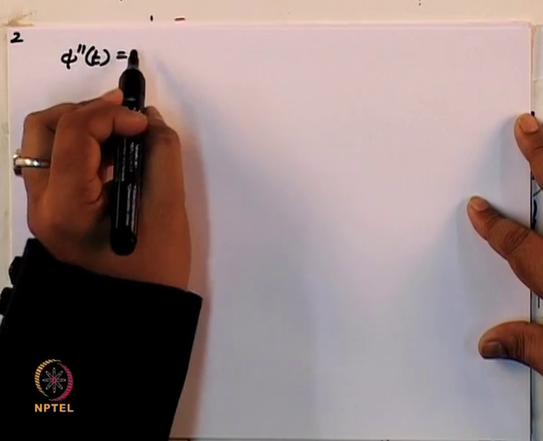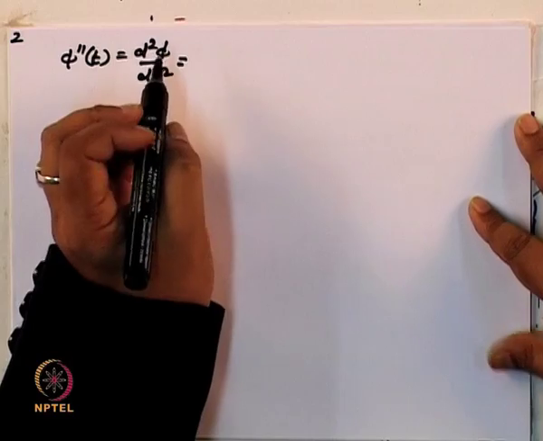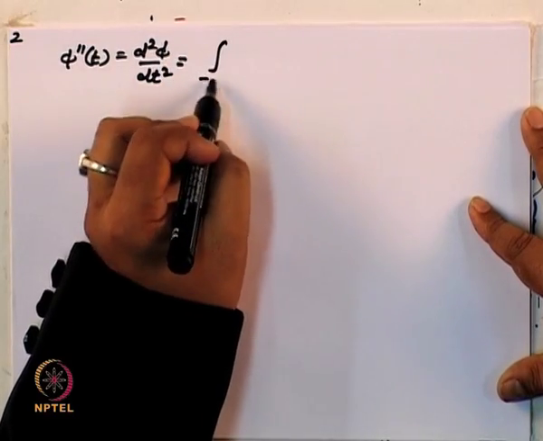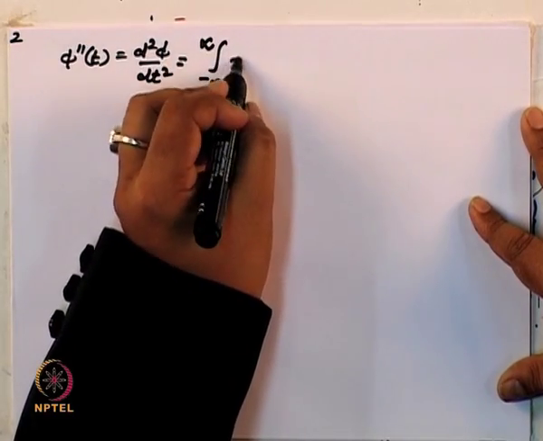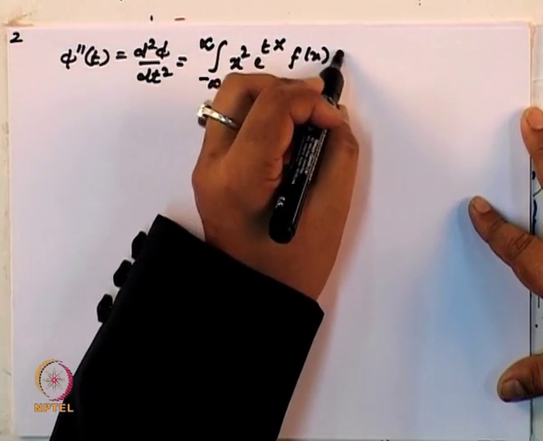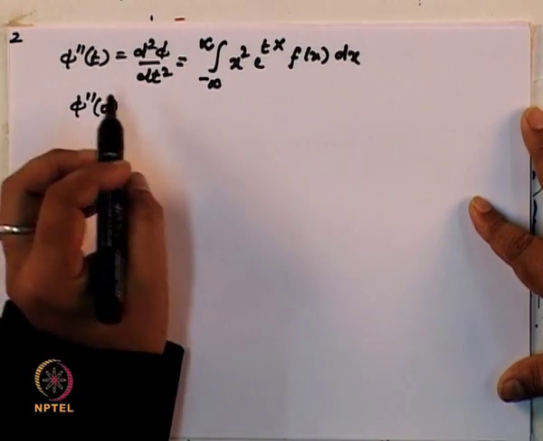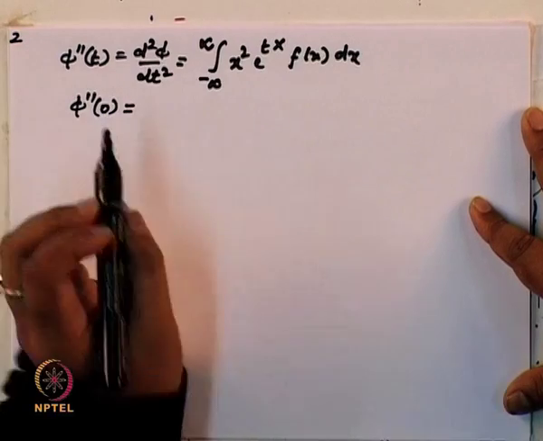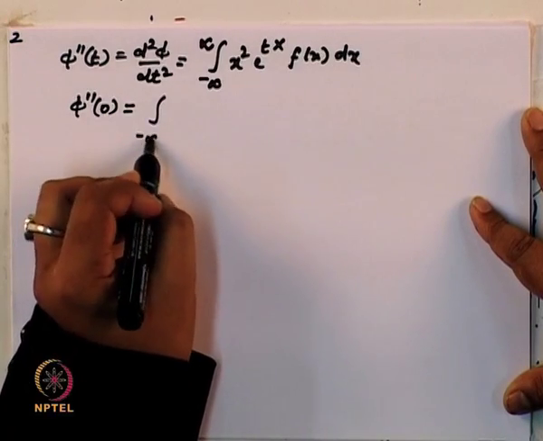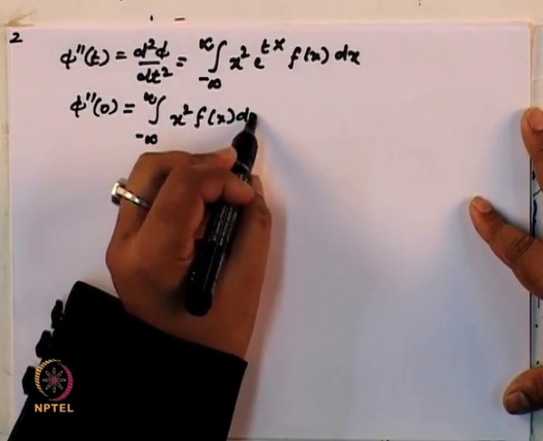Okay. So, I can write phi double prime of t is equal to the integral of x square e to the power t x f of x dx. So, if I substitute t equal to 0, I get phi double prime of 0 is equal to the integral from minus infinity to infinity of x square f of x dx.